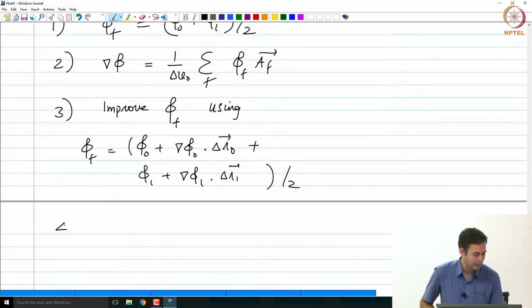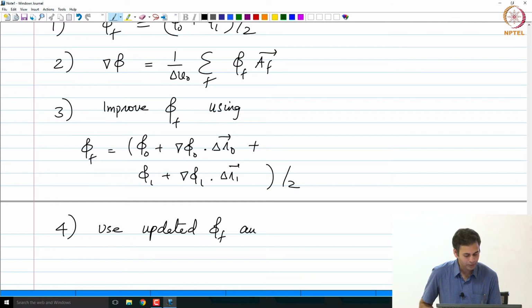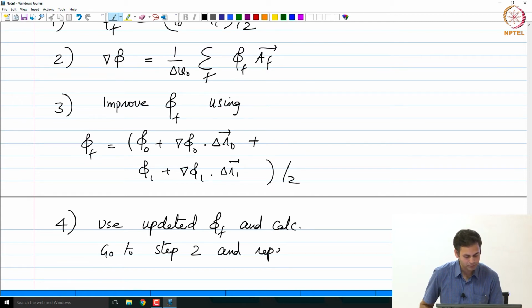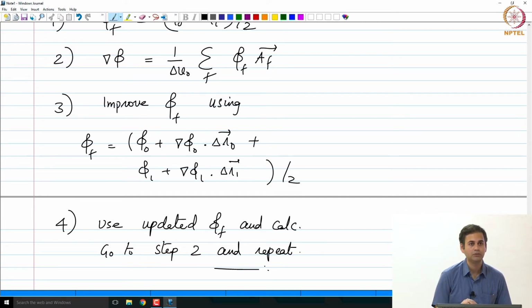Now, use the updated phi f and essentially go back to step 2. That is basically go back to step 2, and repeat. Usually, a couple of iterations are sufficient to get a converged grad phi.